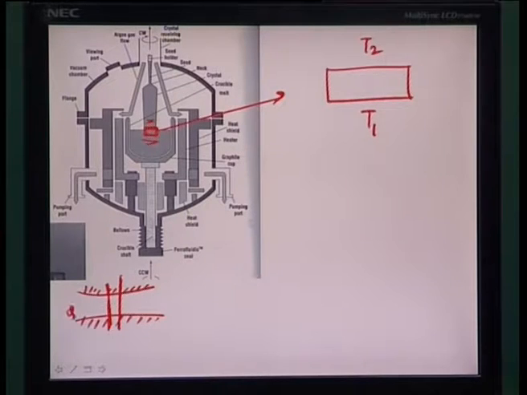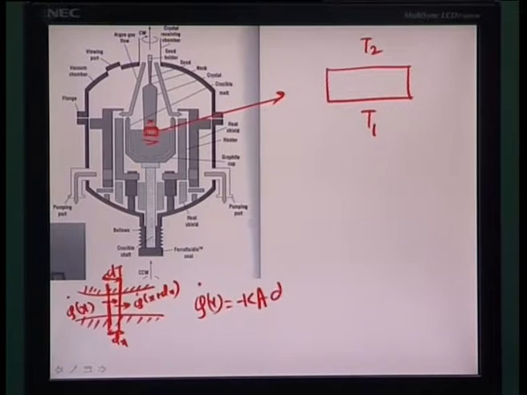Essentially, let us say you have Q dot x, the heat flowing across this boundary, and across this boundary Q dot x plus dx. So it is a process dependent on the temperature gradient available across this. If I have a temperature difference dT between these two surfaces, the heat flux Q dot x is represented as minus k times A times dT by dx.